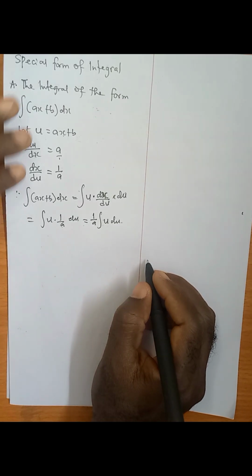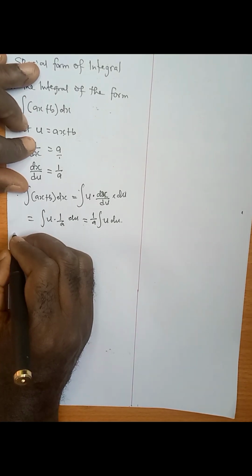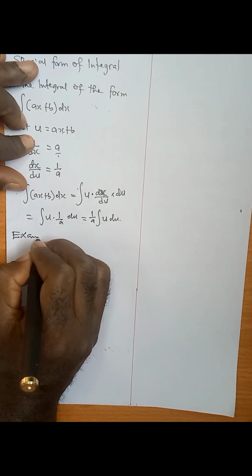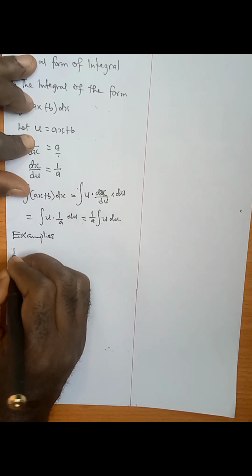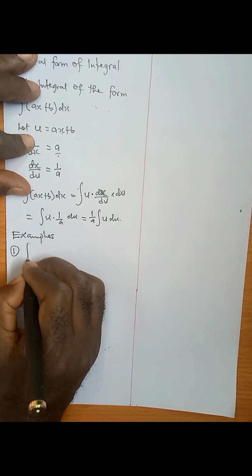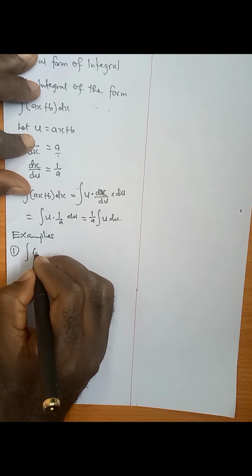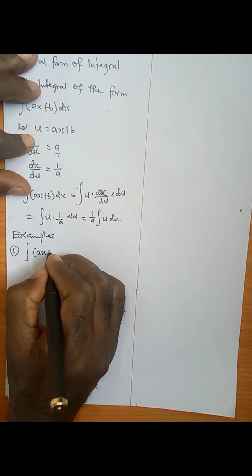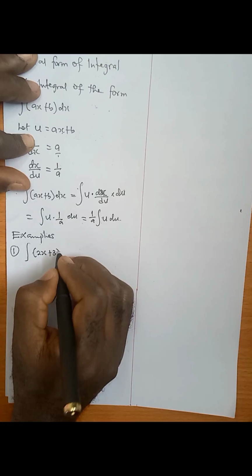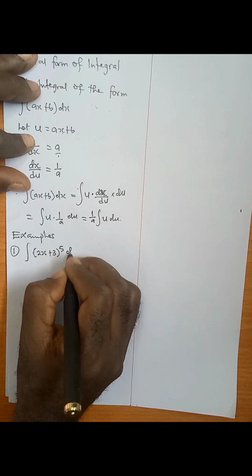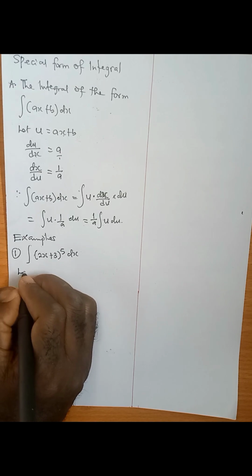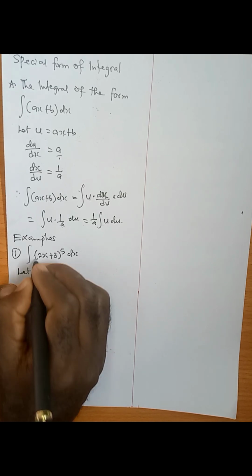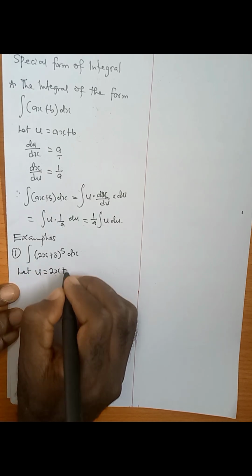So let us take a look at some worked examples. Number one, supposing you are given the integral of (2x plus 3) raised to power 5 dx. Now we say let u be equal to 2x plus 3.